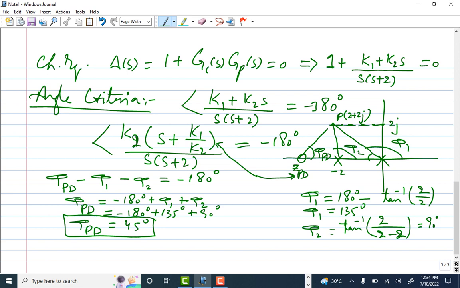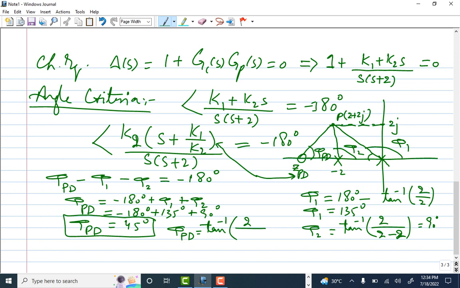Now, if I use the formula, for example, if I take this as a triangle, this is the angle and this is the base, which means you have ZPD minus 2, and the height is again 2. So I write the formula here: phi PD can be calculated as tan inverse of the perpendicular, which is 2, over the base.